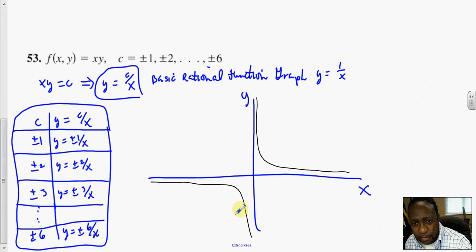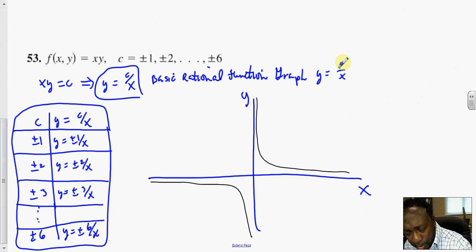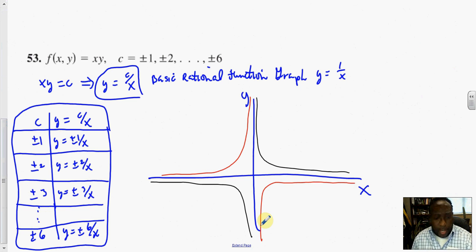Then if it's negative 1 over x, then it's over here. And then you can refine those for plus or minus 2 over x, plus or minus 3 over x.